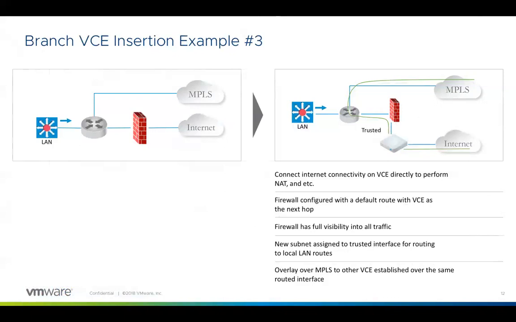And in this case, you can go ahead and optimize certain SaaS traffic you want to send towards the firewall, because by the time the SaaS traffic reaches the edge, it has already been filtered and approved by the firewall.